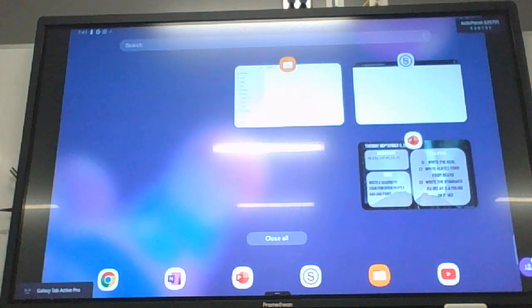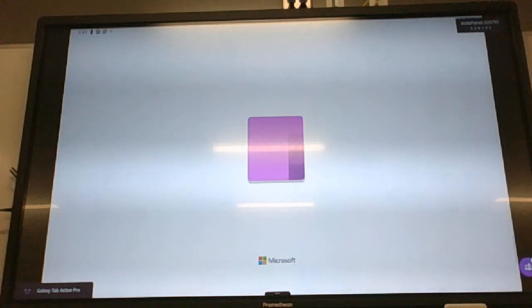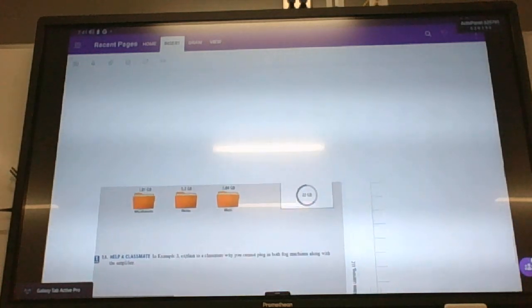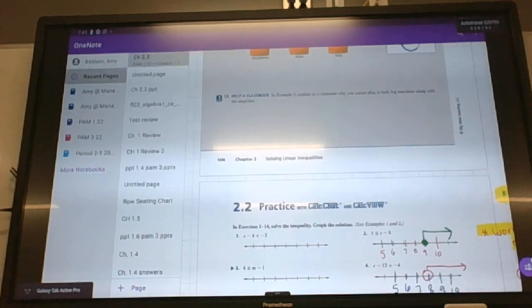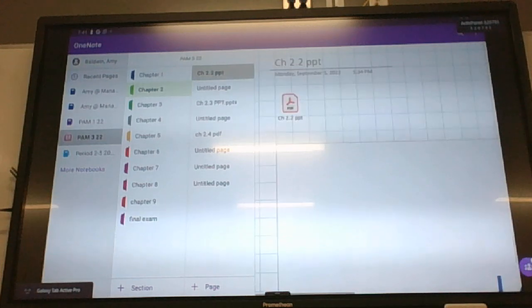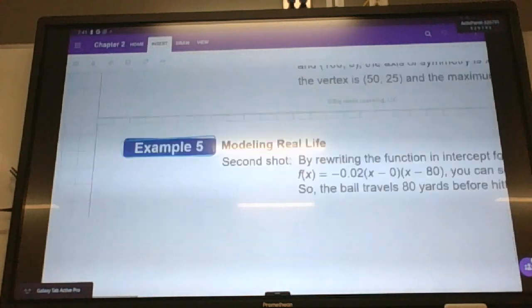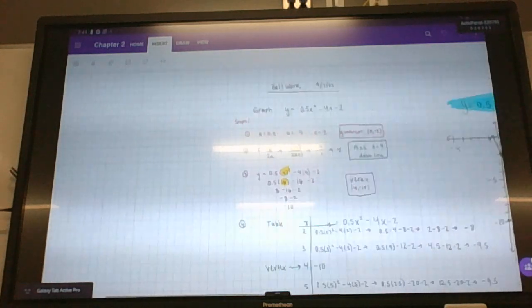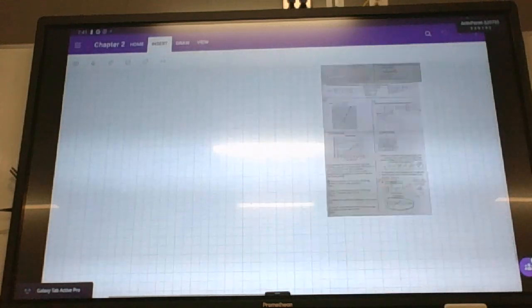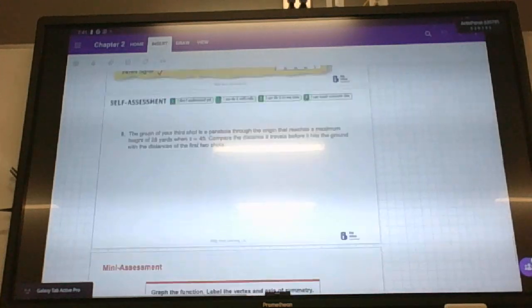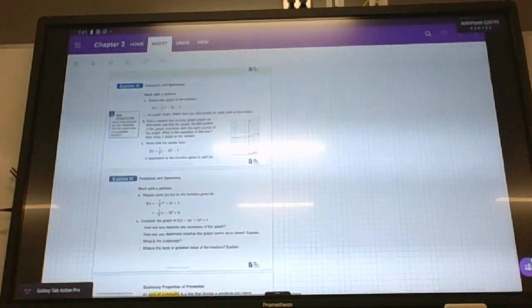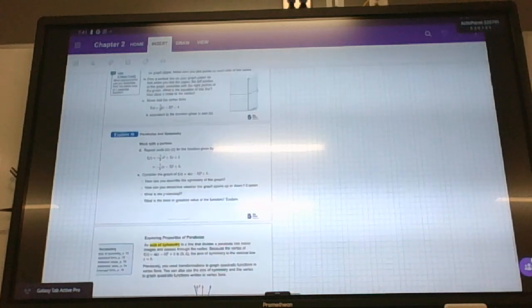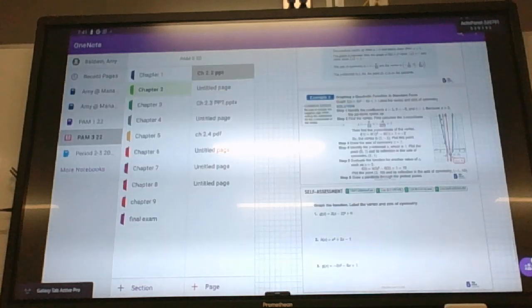Let's take a little look. What did you hold down page 140?